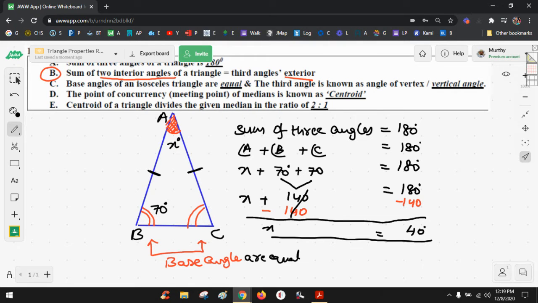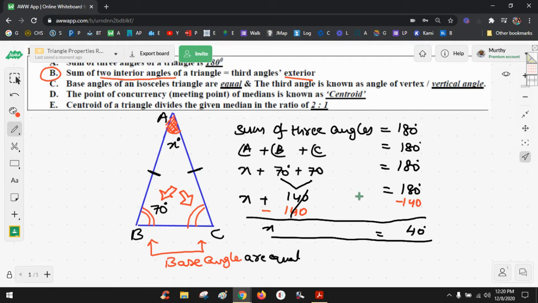That gives me x equals 40 degrees. So the important thing is if you take an isosceles triangle, the base angles are equal. The base angles are equal, and two sides are equal. So two sides are equal, and two angles are equal.